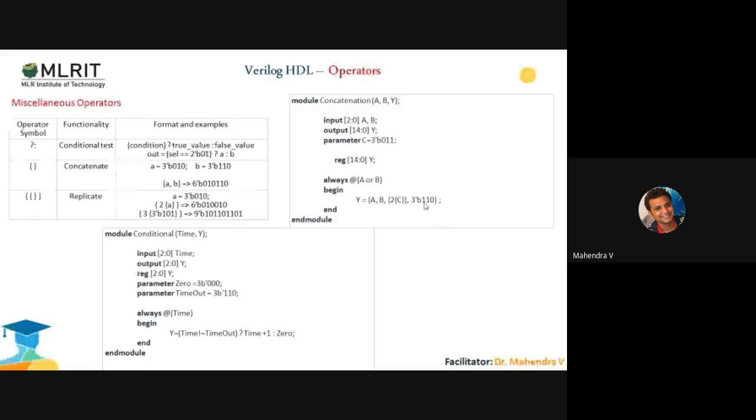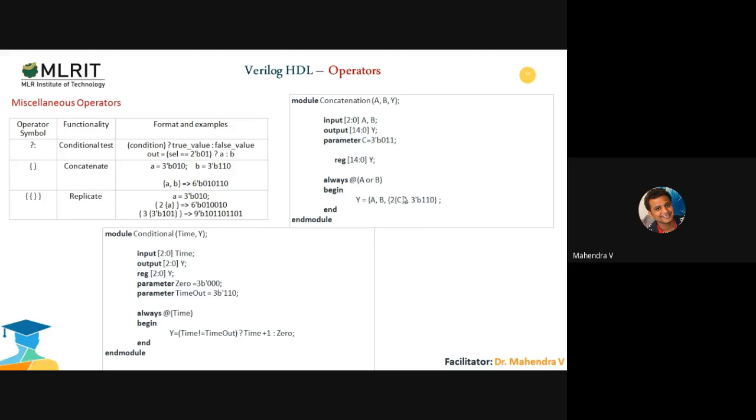Here A, B both are merged together, and this is merged with the replicate. That means C is made twice, and this complete is merged with another one. So its size is 15 bit. 14 down to 0 means 15 bit. Individually, each size is 3 bit. Like that, 1, 2.